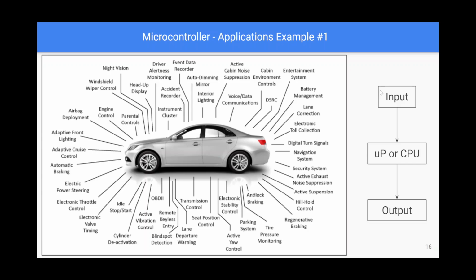There may be inputs, maybe one to maybe thousands in a complex system. This processing can be done by one CPU, multiple CPUs, or a combination of CPUs and FPGAs, and the output again can be one or can be many. So let's carry on to the next slide.